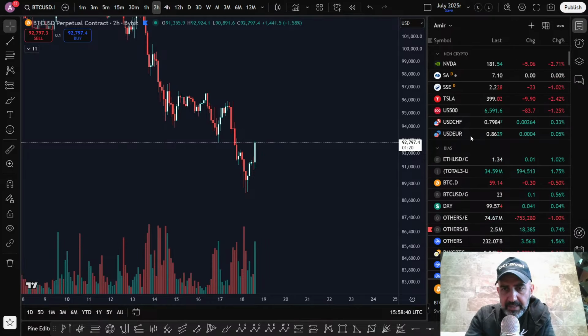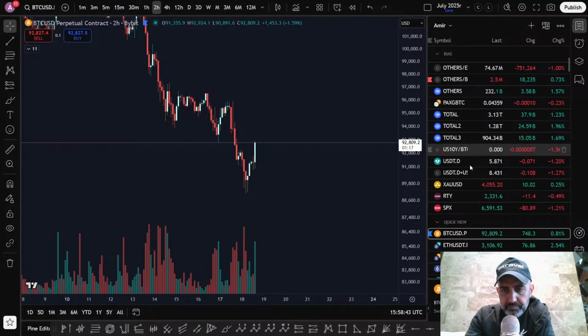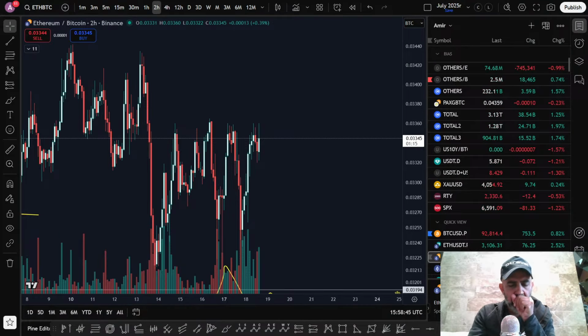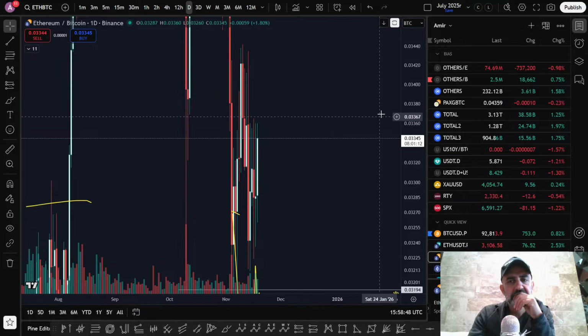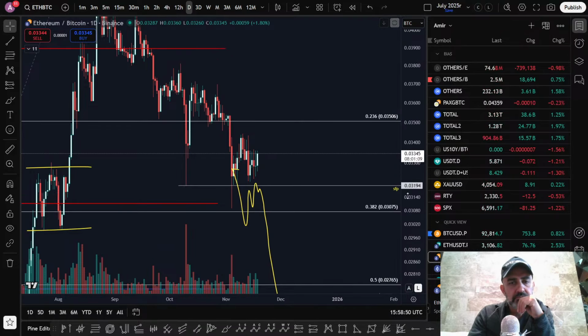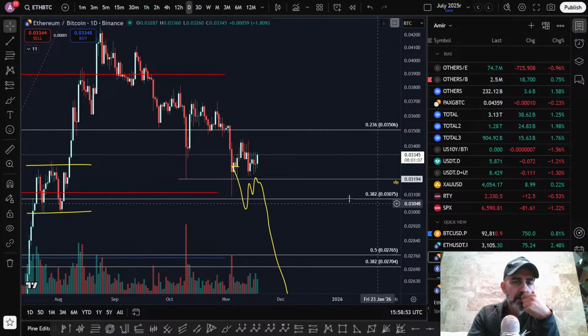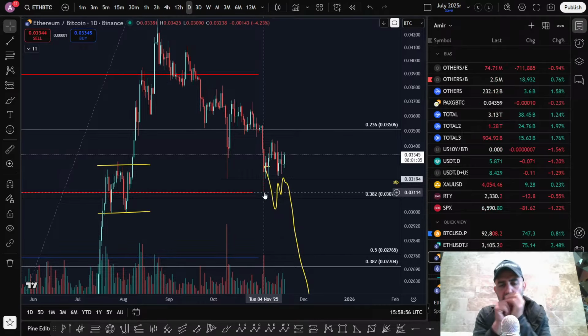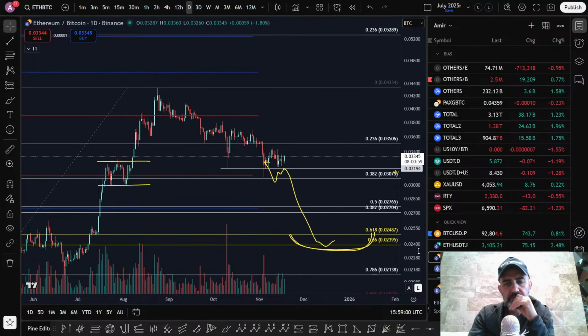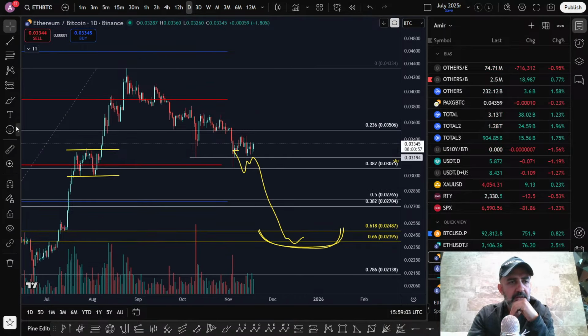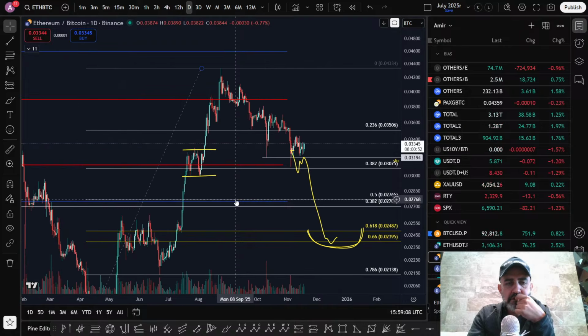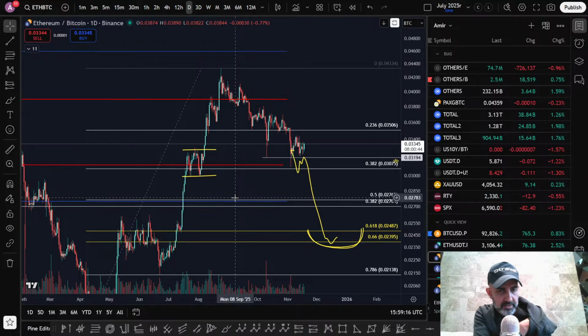So let's just have a look at ETH BTC. ETH BTC hit the point of control. That's the buy of the lifetime there, this golden pocket. I don't see ETH BTC crazy selling off, to be honest with you. It's just a real gentle correction.